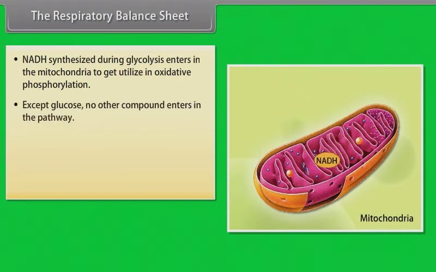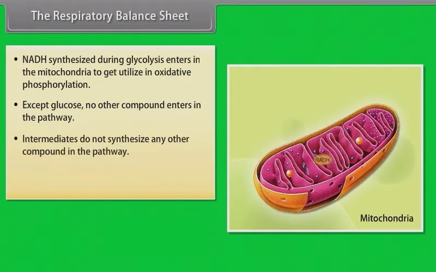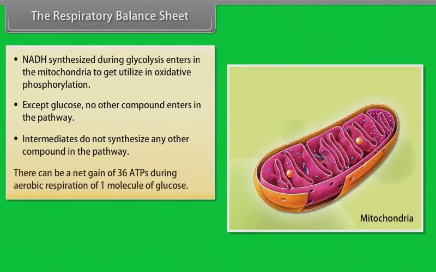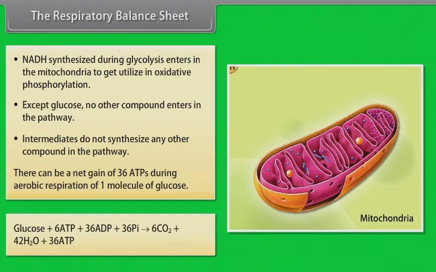Except glucose, no other compound enters the pathway. Intermediates do not synthesize any other compound in the pathway. There can be a net gain of 36 ATPs during aerobic respiration of one molecule of glucose. Glucose plus 6 O2 plus 36 ADP plus 36 Pi gives 6 CO2 plus 42 H2O plus 36 ATP.